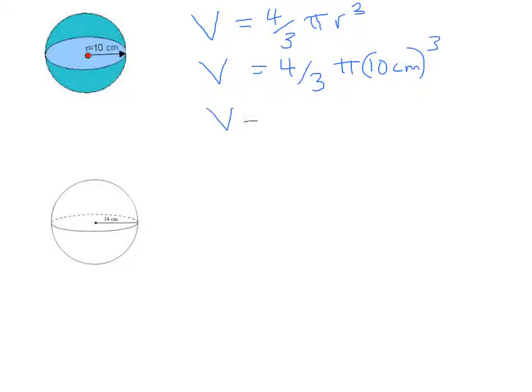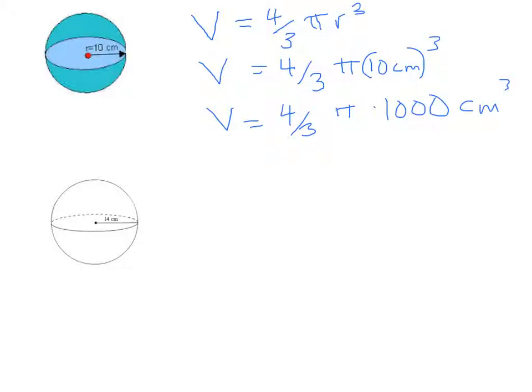And the volume comes out to be 4/3 pi. 10 times 10 times 10 is 1,000. And then the centimeters cubed.